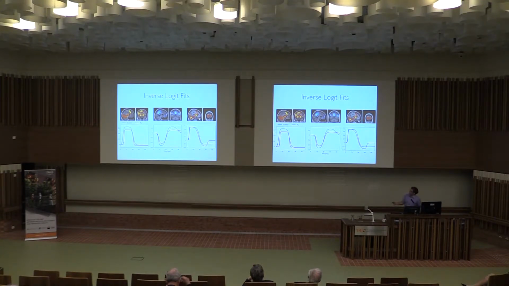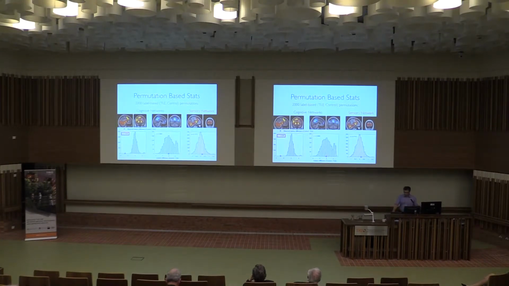We can see from these fitted responses that in the task positive system there's a slower response in the TLE group relative to controls, but there's no latency difference in the default mode or the occipital ROI. We quantified this by performing permutation-based analyses, permuting the case labels and generating histograms of the null distribution of the latency differences.